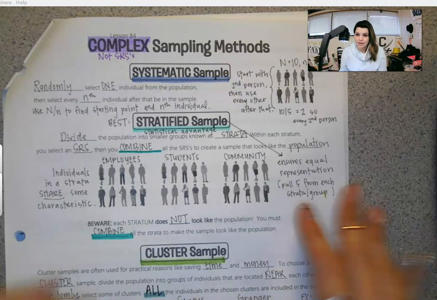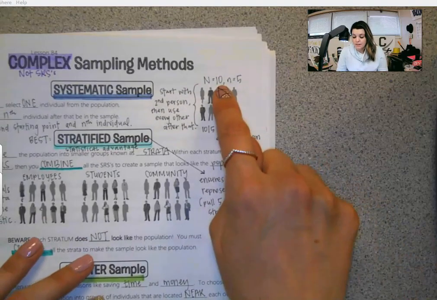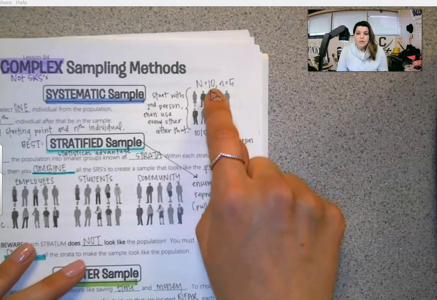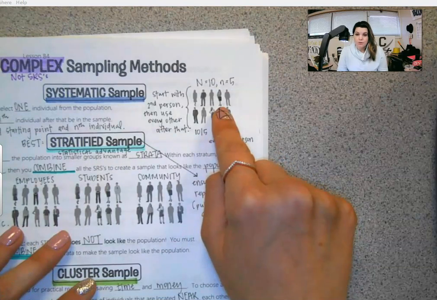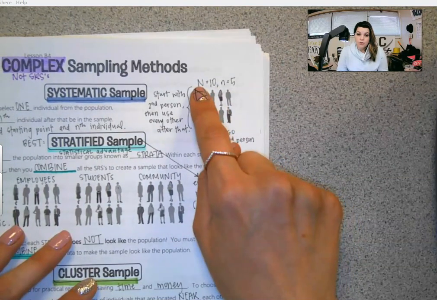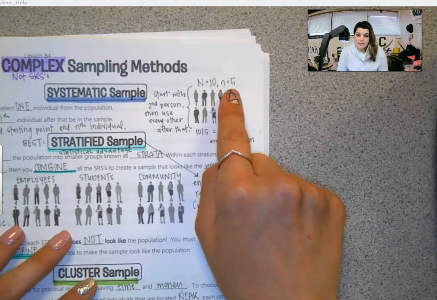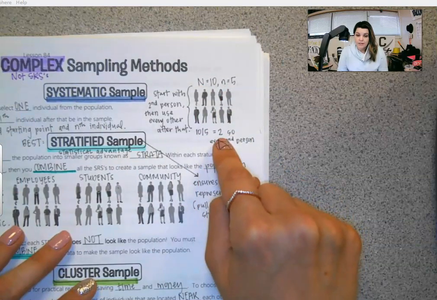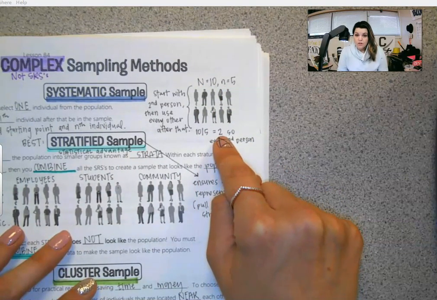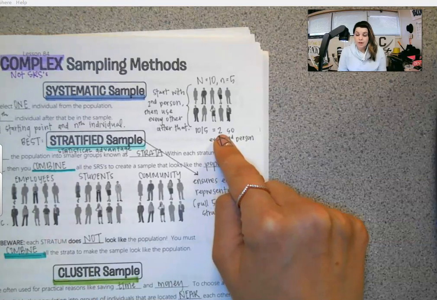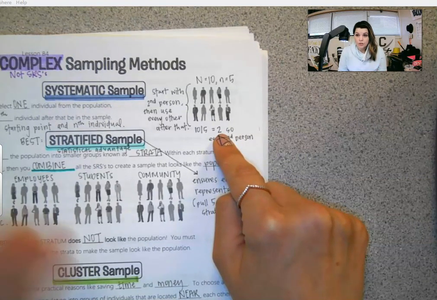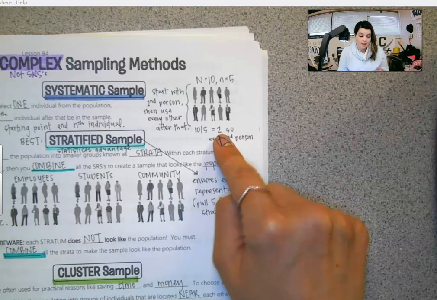That sounds very abstract, so let me give you a concrete example. Here in this very small sample, you had 10 people. If you do capital N divided by little n, you get 2. So you want to randomly generate a number, 1 or 2, using an SRS.